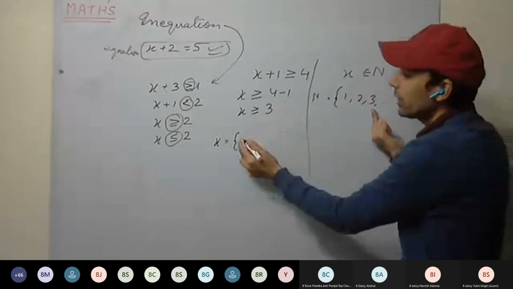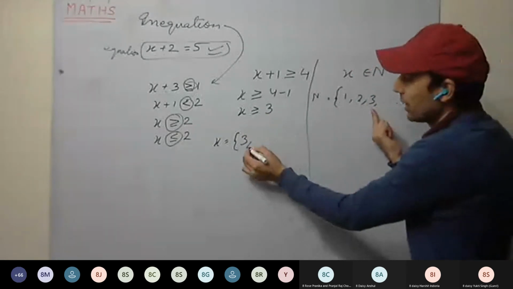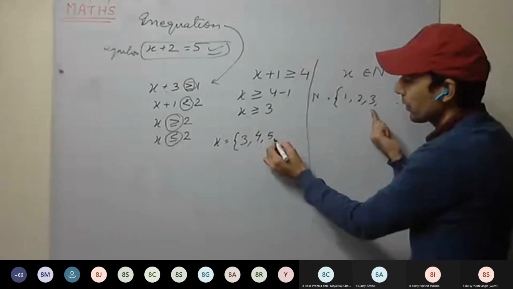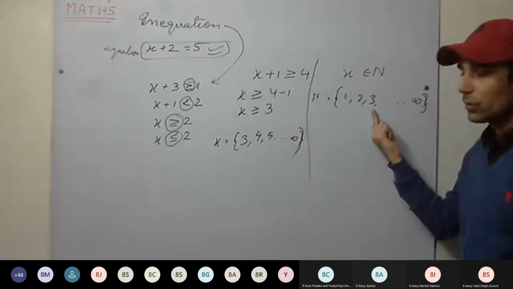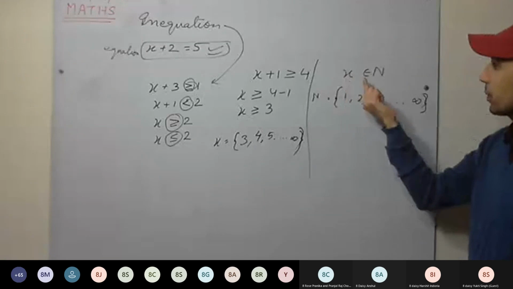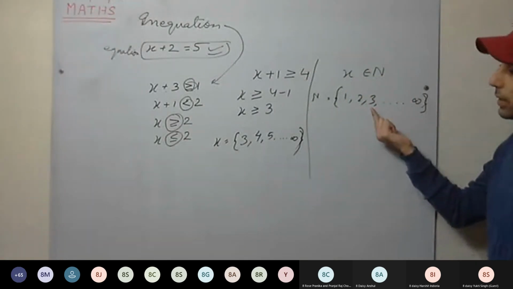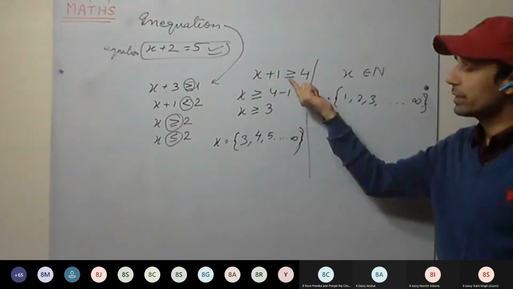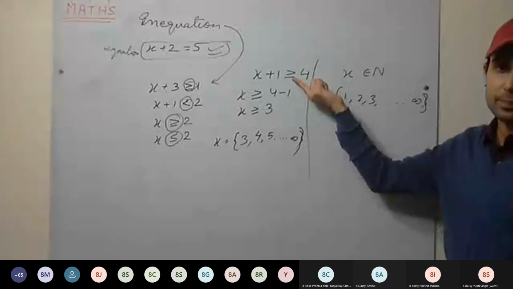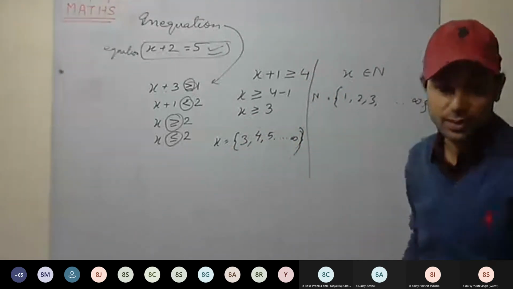No. So 3 is equal, x is greater than or equal to 3. Next 4, 5 up to infinity. Understood? So x belongs to natural numbers, and from these natural numbers x will take the values. What values x is going to take depends on this inequation. So x equals 3, 4, 5, 6, and so on.